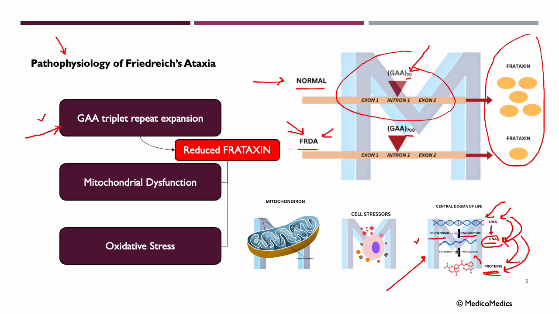And these free radicals are unstable molecules that damage proteins, lipids, and mitochondrial DNA, which worsens cell dysfunction. So in summary, the lack of ATP production and oxidative damage lead to progressive loss of cells. So we see neurodegeneration happening, muscle dysfunction happening, and these are key symptoms in FA.